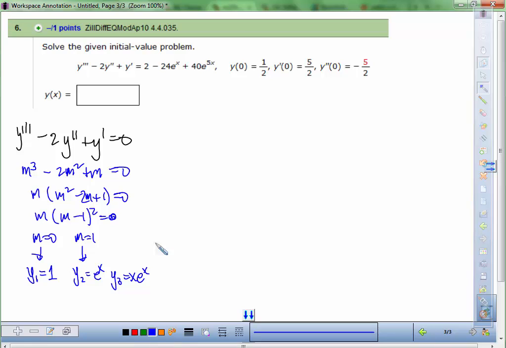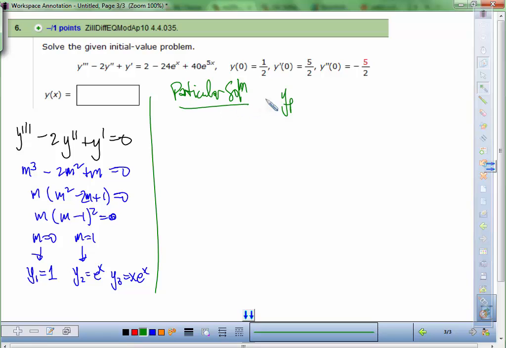So now we need to find a particular solution, and our particular solution should mimic what's here.